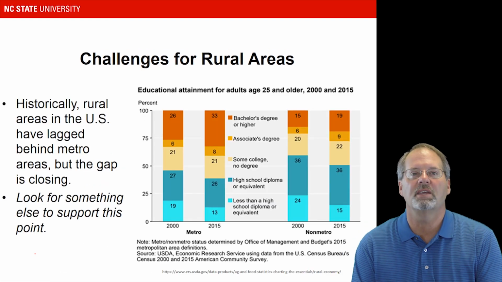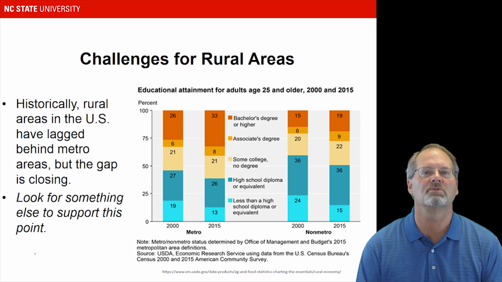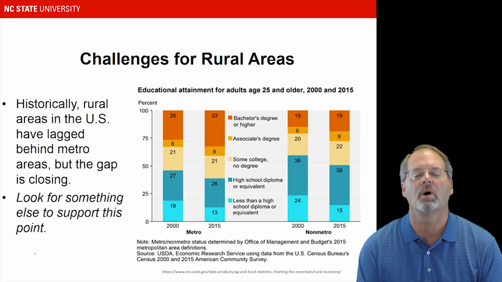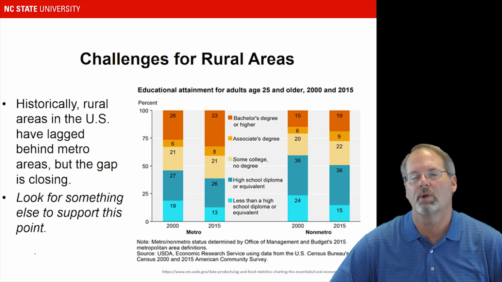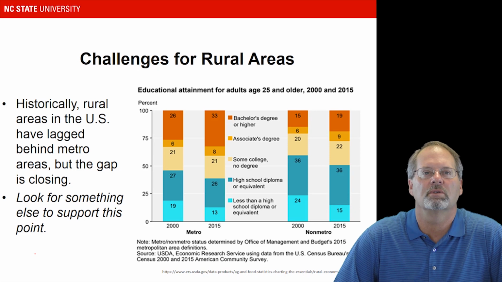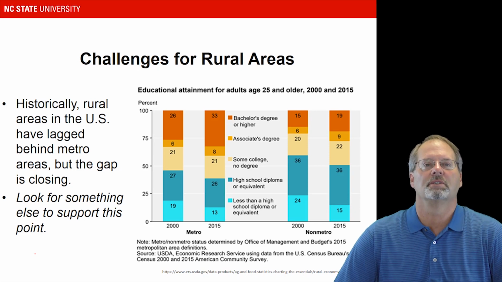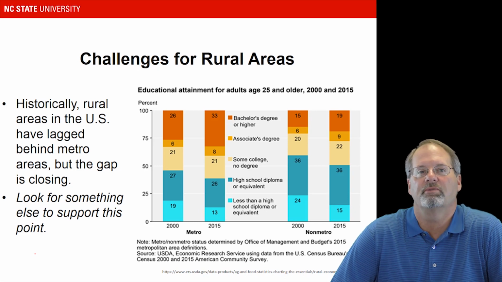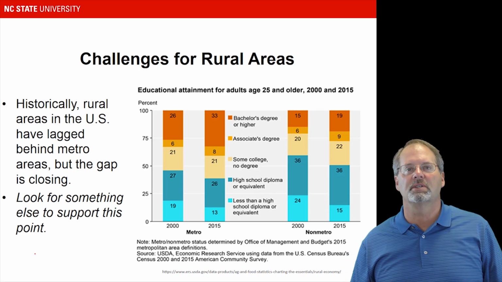I also mentioned education, and this graph shows metro and non-metro, the distribution of people and at what education level they had gotten to. If we look at the 2015 data, in dark orange at the top, in cities, 33% of the people had bachelor's degrees.